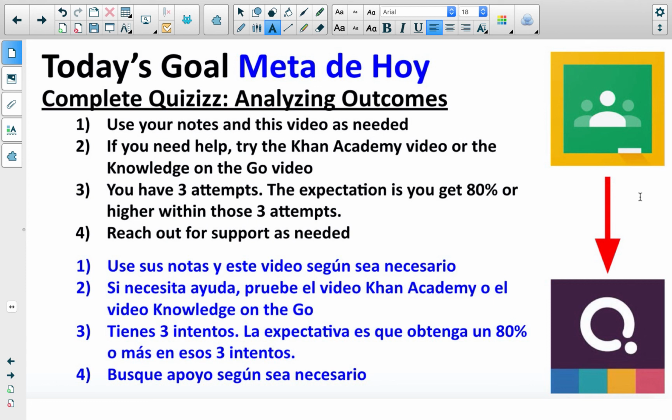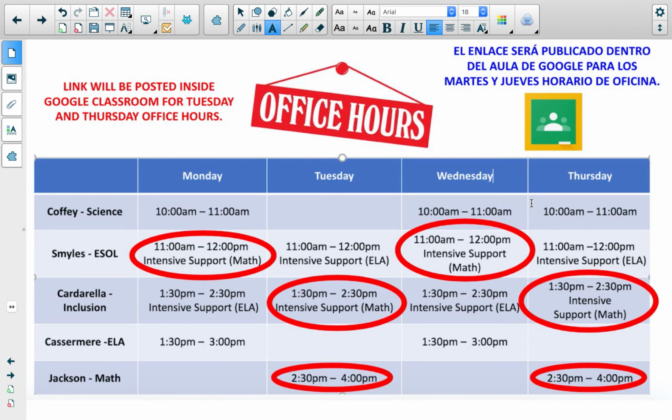Reach out whoever you need to make sure you are successful. You have 3 attempts. Use them if you do not get 80% or higher the first time. And same kind of deal, just like I said, reach out for help as needed. And just the last reminder, these are the office hour schedules as of now. If there's any changes, we will be sure to let you guys know.